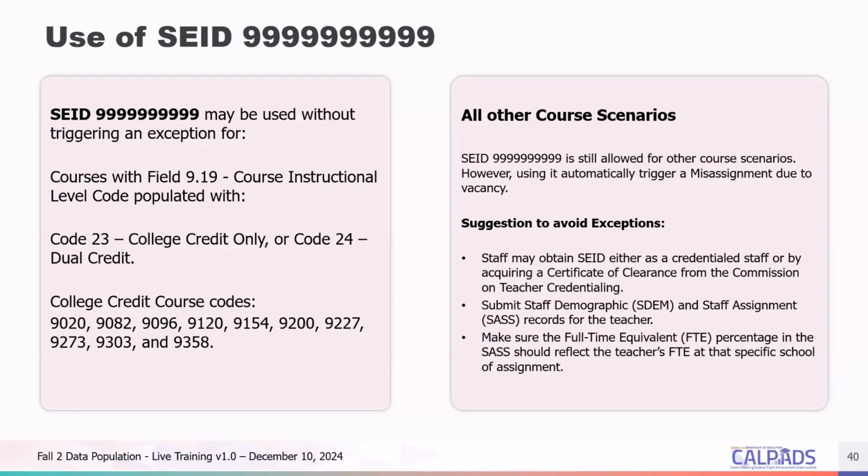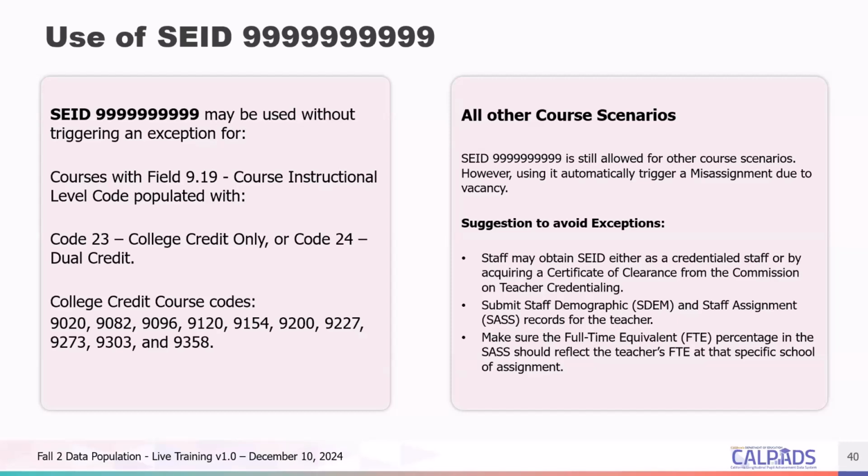Again, as we just stated, courses taught by college professors who are not required to have SEIDs and are not employed by your LEA should be reported with course section records using a generic SEID of all nines. And then courses taught by teachers who are paid by another LEA. So teachers who are employed by a different LEA but are teaching a course at your LEA or for one of your students should be reported in course section records using a generic SEID of all nines.